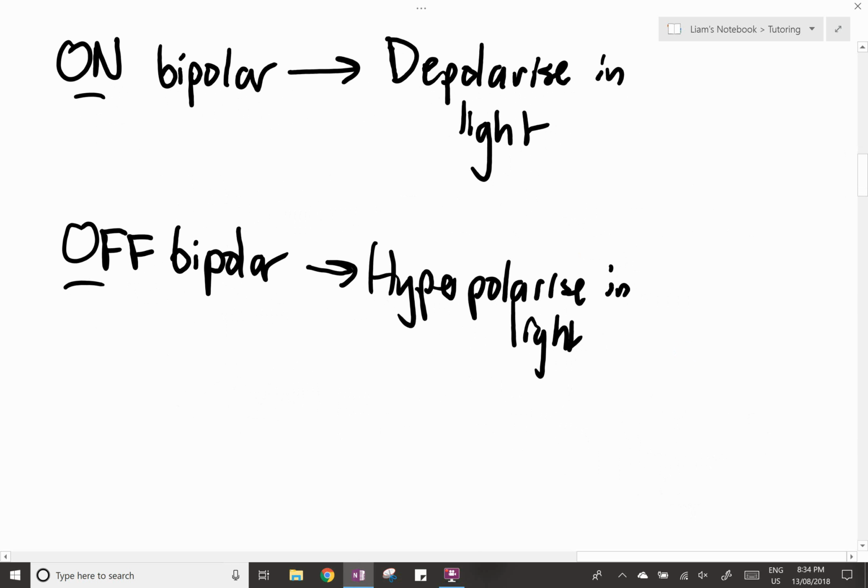We'll start with off bipolar because this is a little bit more intuitive. The off bipolar cell has just a simple ionotropic glutamate receptor. What this means is that when glutamate is present, the receptor is open, and so if glutamate's present, then this is going to be depolarized.